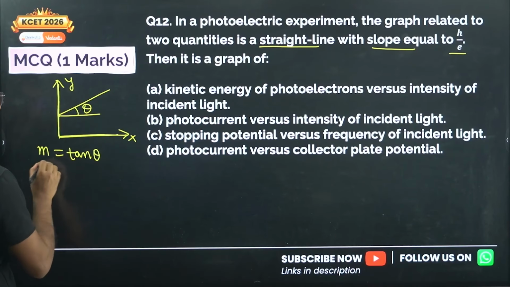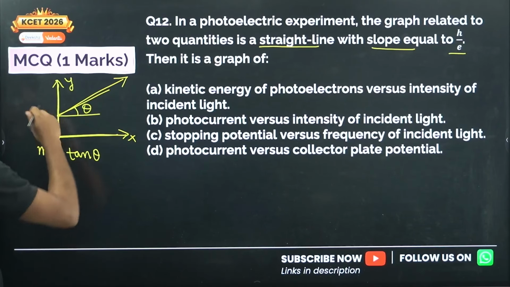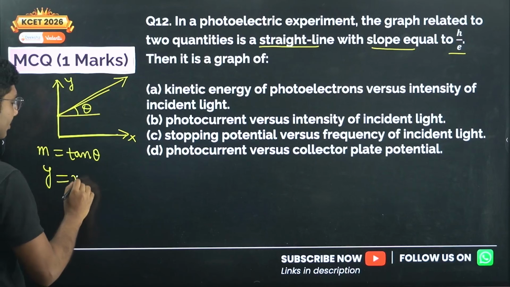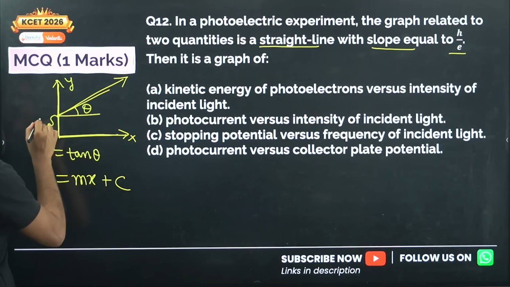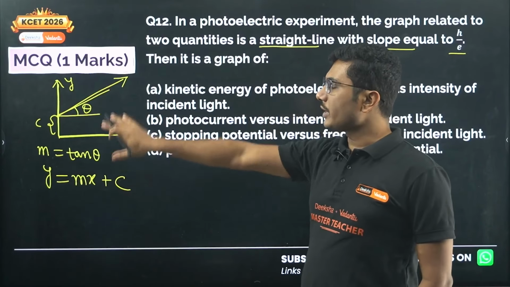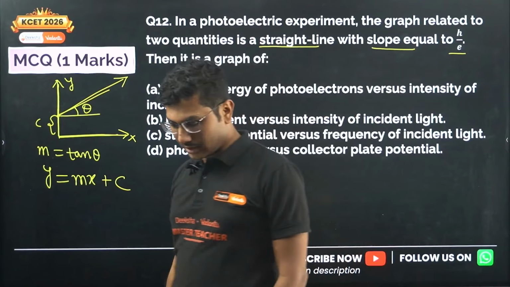This is called slope of this straight line. Now what is the equation of the straight line? The equation of the straight line can be written as y equals mx plus c, where c is this intercept. So this is the straight line equation and this is where the mathematics is meeting with physics.